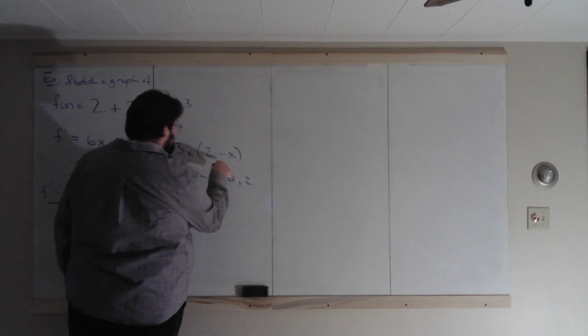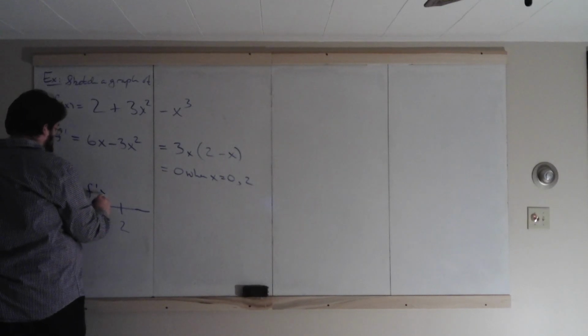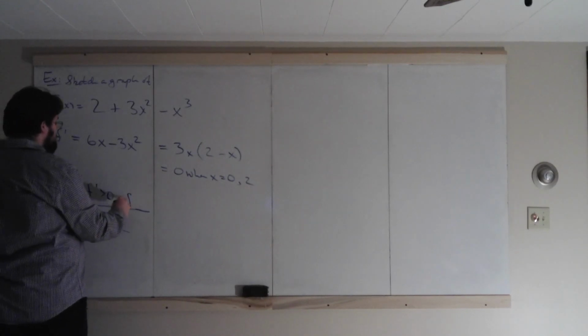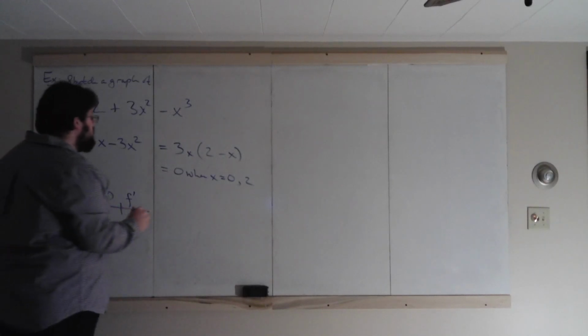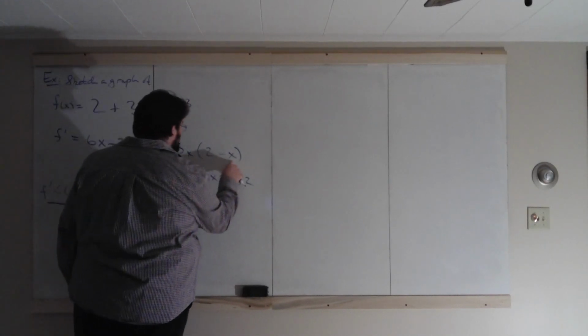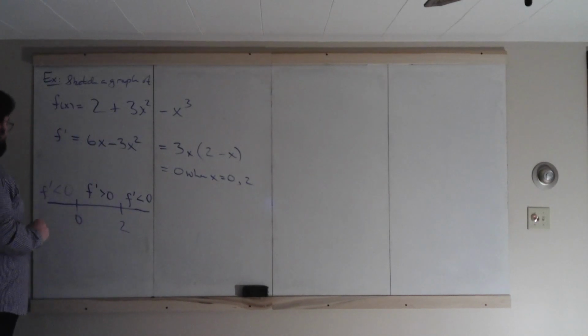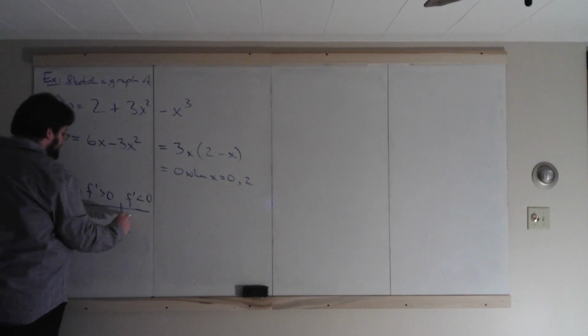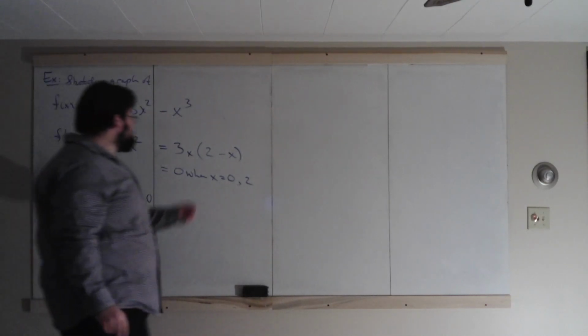Positive times positive, which is positive. On the other side of 2, choose something like 3. You get positive times negative, which is negative. Well, now let's just label decreasing for where it's negative and increasing for where it's positive.